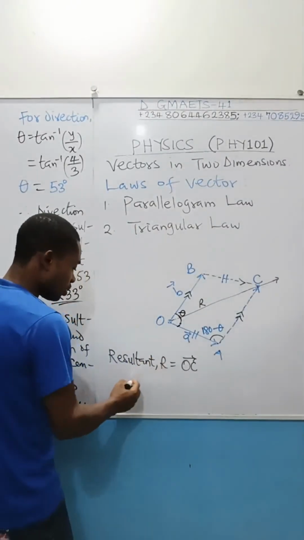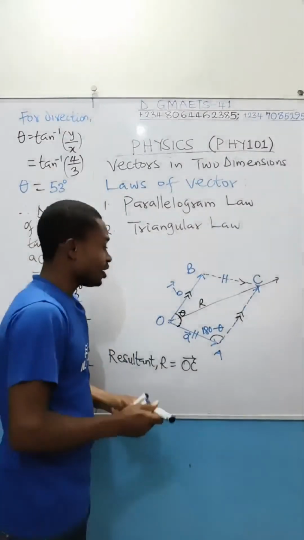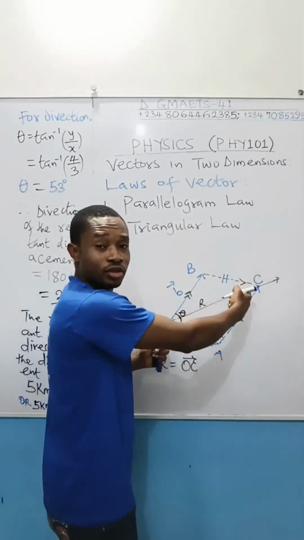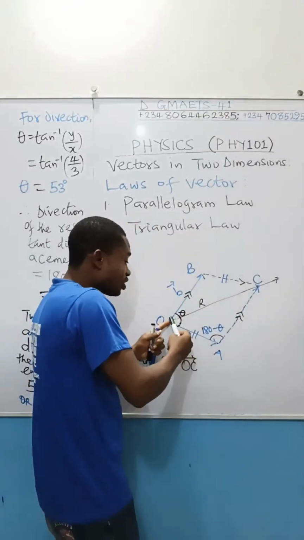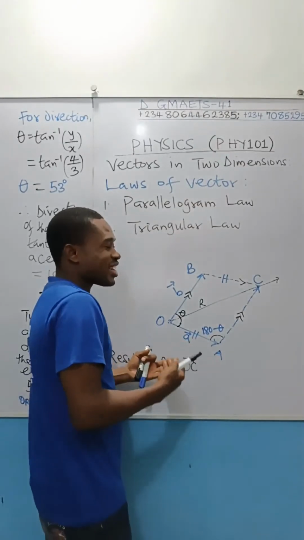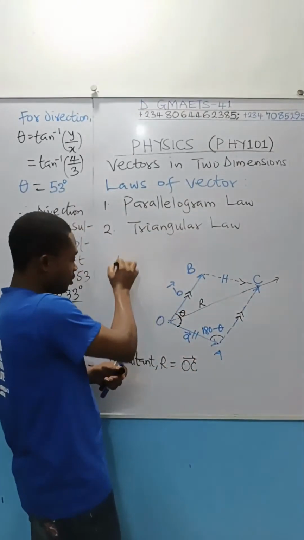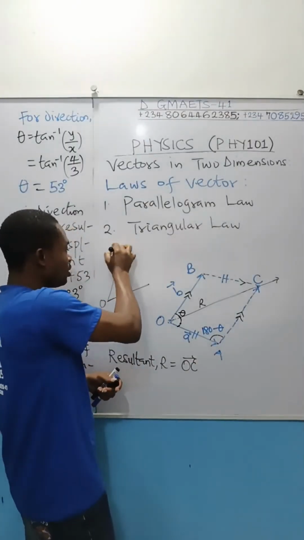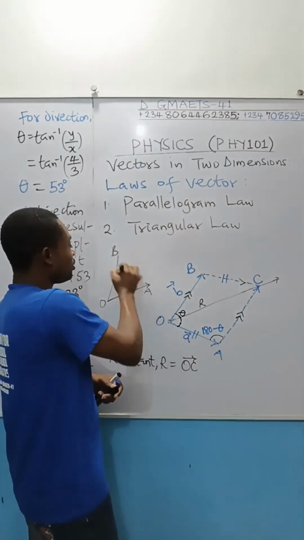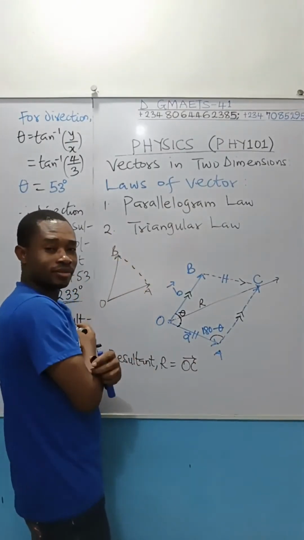Okay, so we go. The resultant, according to Pythagoras, we'll start from there. This diagonal is just like a hypotenuse. The only reason why we can't call it hypotenuse is this triangle. Look at OB and then OA. If you complete like this, you get a triangle.